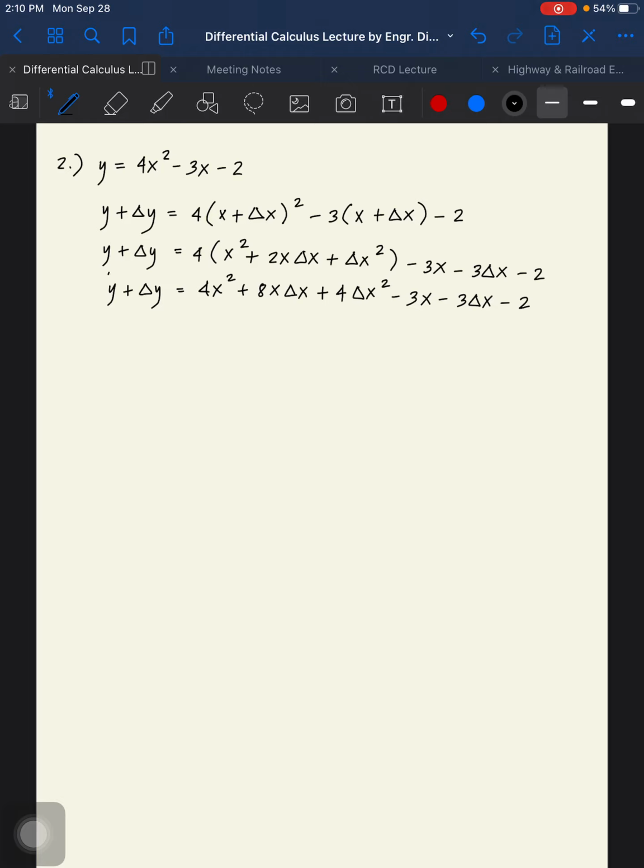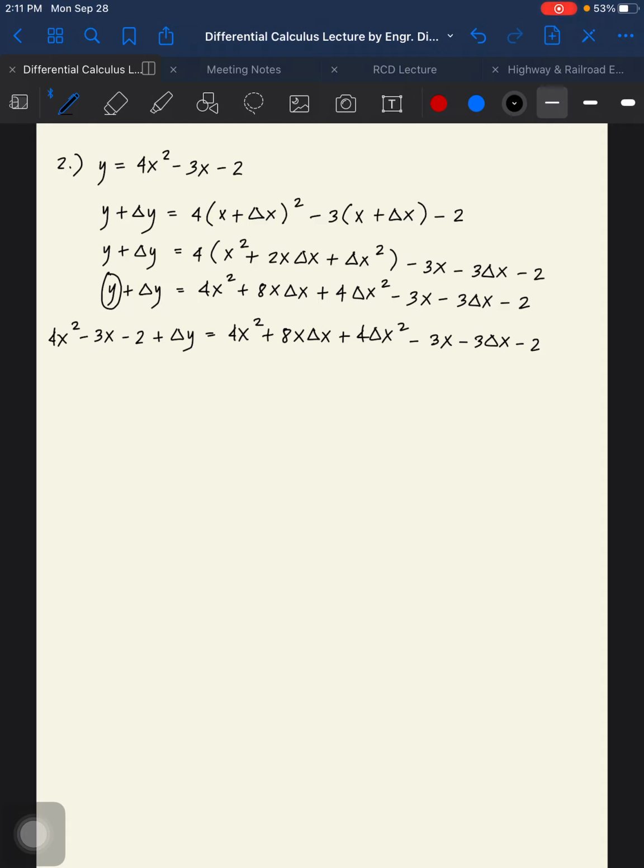Next is to substitute the value of y from the given equation. So you have there the value of y is 4x squared minus 3x minus 2. Don't forget delta y equals 4x squared plus 8x delta x plus 4 delta x squared minus 3x minus 3 delta x minus 2.